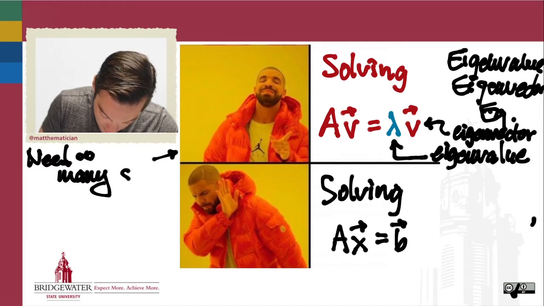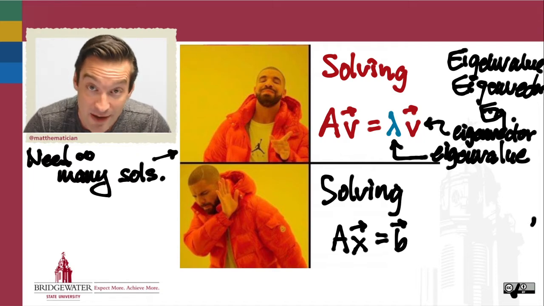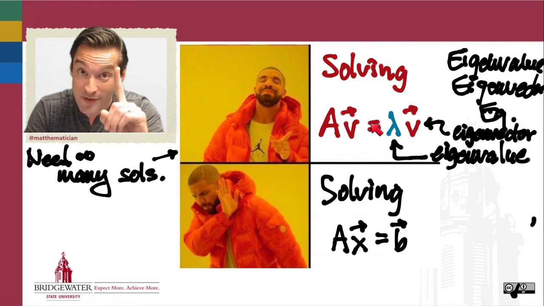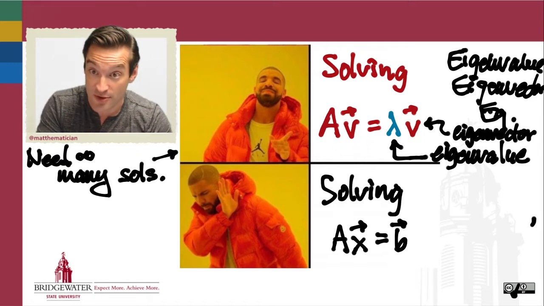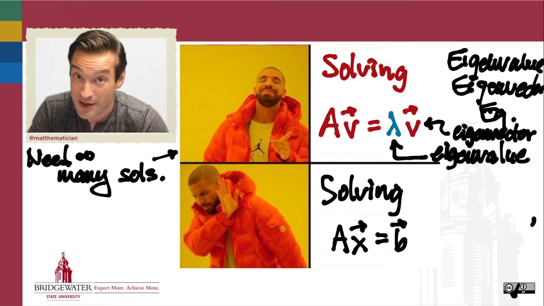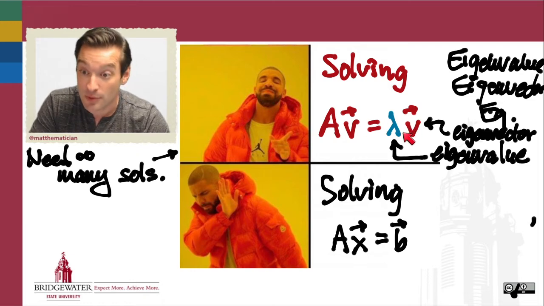And the reason that we need infinitely many solutions is that we don't want there to just be one vector that satisfies Av equals lambda v, because there is always one vector that satisfies Av equals lambda v, namely if v is the zero vector. Because if v is the zero vector, then the left-hand side of this equation is going to be the zero vector, and the right-hand side is going to be lambda times the zero vector, which is the zero vector. So of course the zero vector always solves the eigenvector-eigenvalue equation.